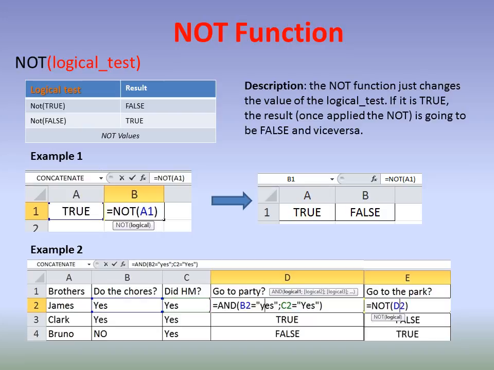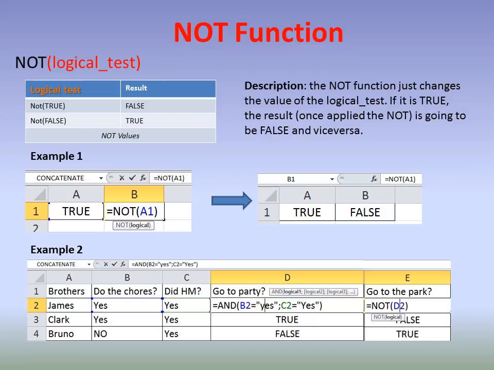If you see the worksheet, you see the formula in D2 is an AND of two conditions. B2 equal to yes means did the chores, and C2 equal to yes means did the homework. Just if you meet the two conditions, you can go to the party.